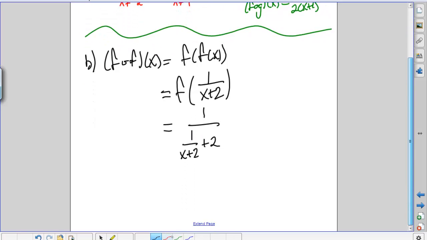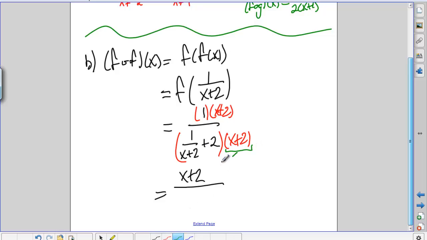And we said to fix this complex fraction, we multiply by that denominator, x plus 2. So we get the numerator is x plus 2. The denominator, again, there's some distributing that happens here.